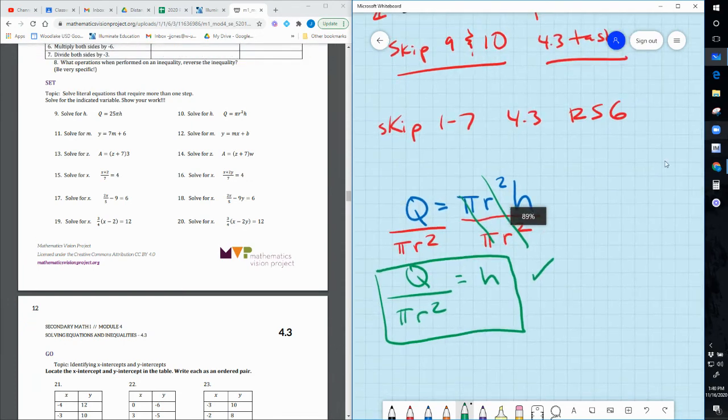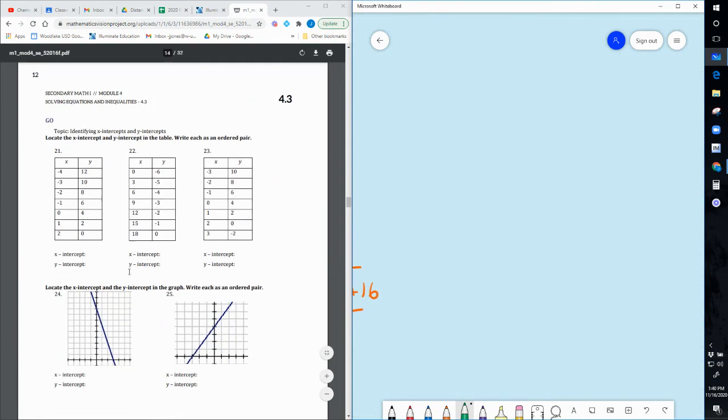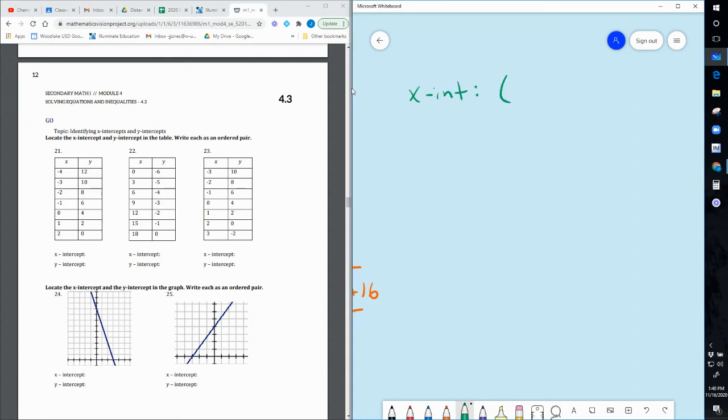All right, let me just zoom out of here so I can come up here where I have some more room. Number 21 through 25. It just says locate the x-intercept and the y-intercept. An x-intercept is going to look like this, and a y-intercept is going to look like this.